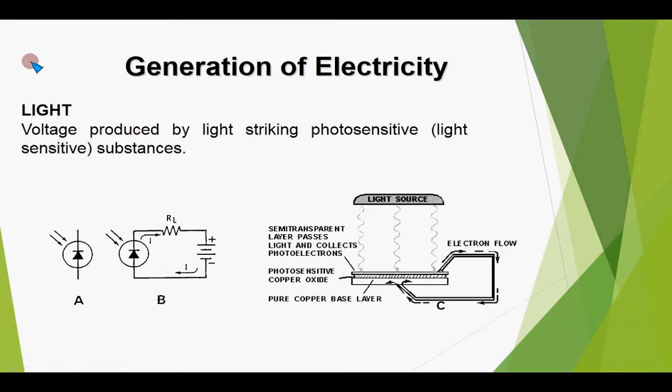Light is also the source of electricity. Voltage produced by light striking upon the photosensitive cells or photosensitive materials, the electricity would be produced.